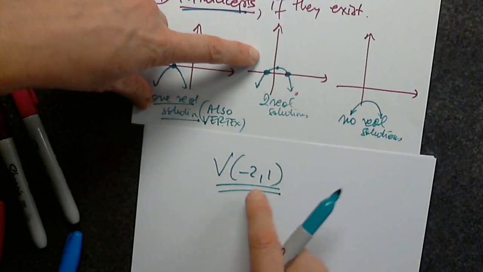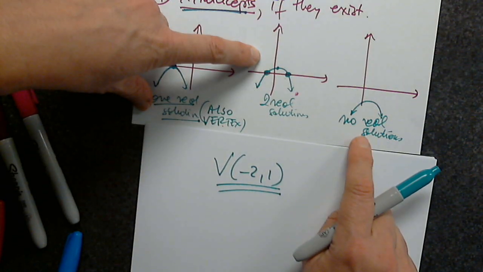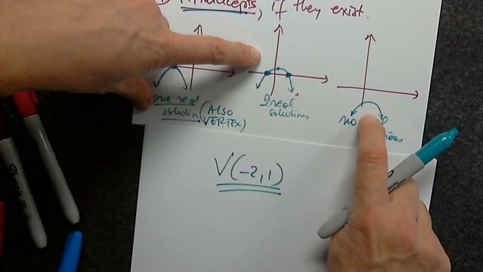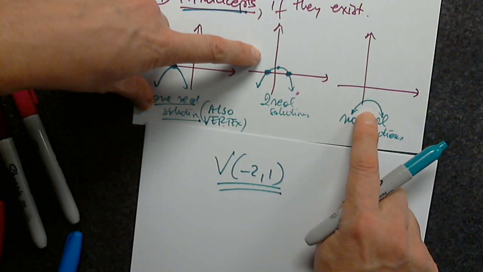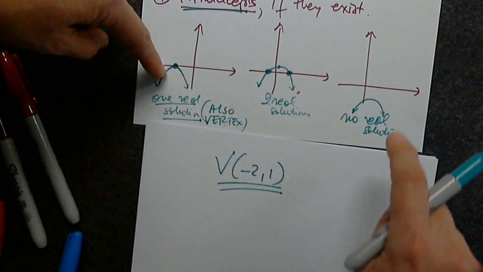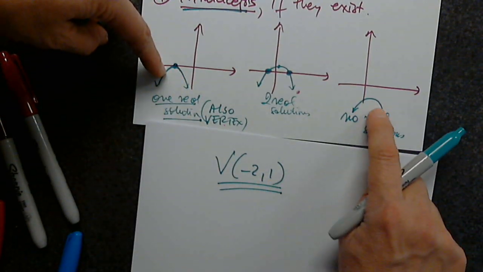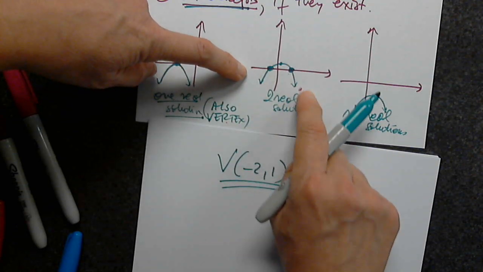Can this one have a vertex of -2, 1? The vertex is above the x-axis, so the y value will be positive. So it's not the first one because the y is not 0. It's not the last one because the y is positive. It must be this.